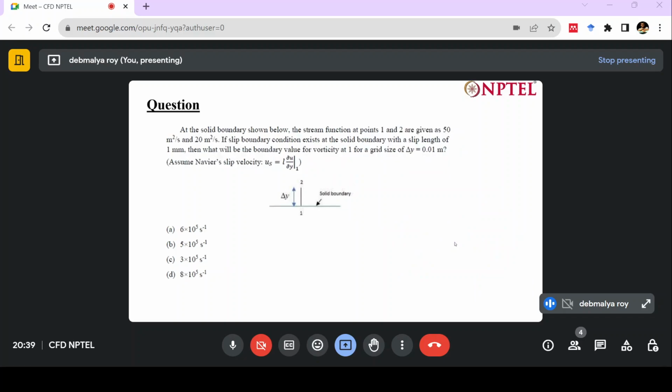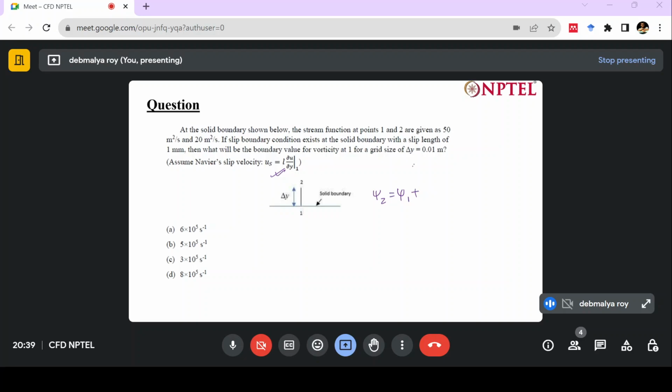There is another similar type of problem, but here we have a slip boundary condition. So if you remember, what we had done is use this, and we have neglected the u term. So here in this case, we will have this slip length.